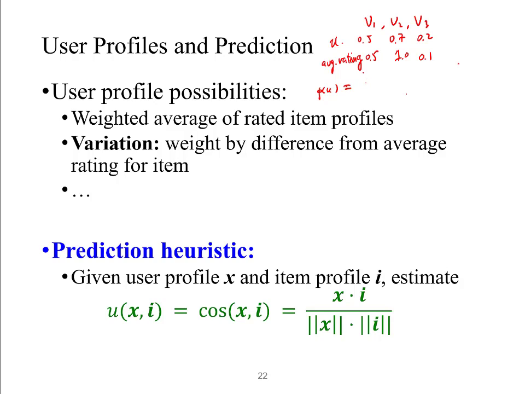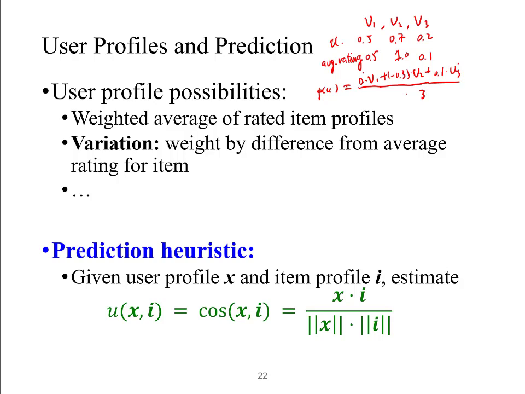So for v1, actually the difference is 0. So v1 does not affect the profile of u. And this is minus 0.3 times v2 plus 0.1 times v3 and divided by 3. So this is the variation of the user profile.